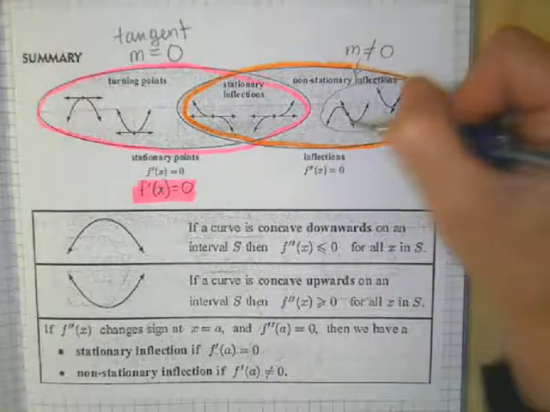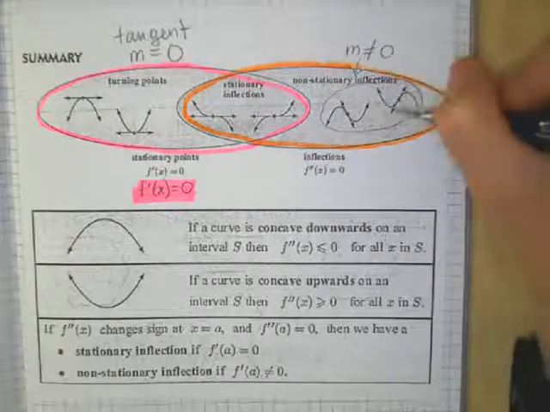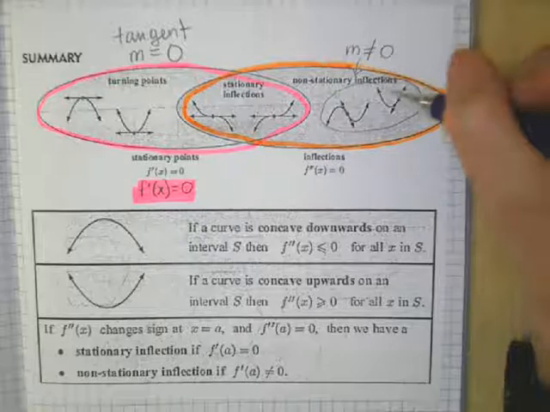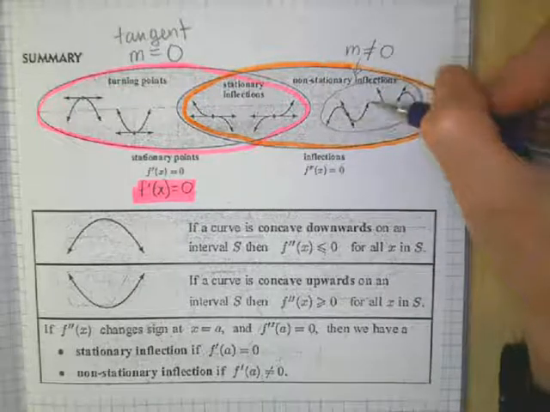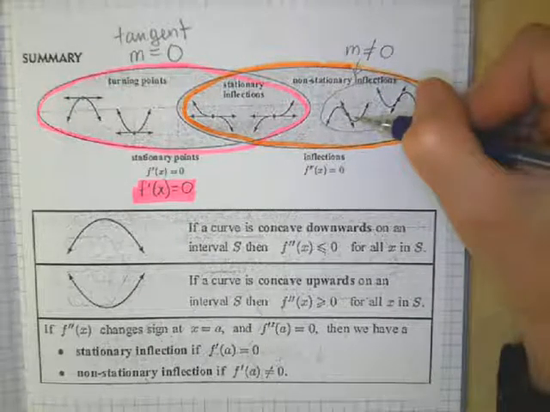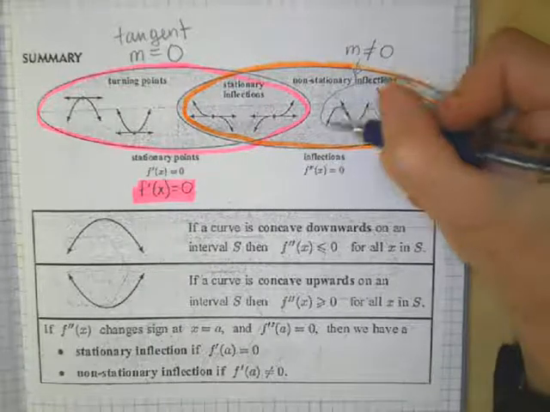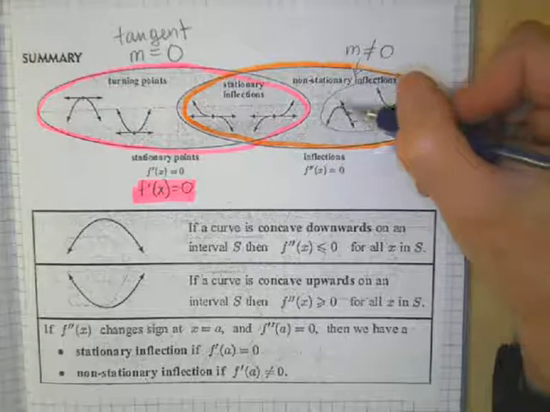Notice this one has a negative slope, this one has a positive slope. And you can tell whether you're going to have concave down or concave up by looking at the values of the second derivative. To the left of that x-intercept, since it's concave down, it would have negative y values.